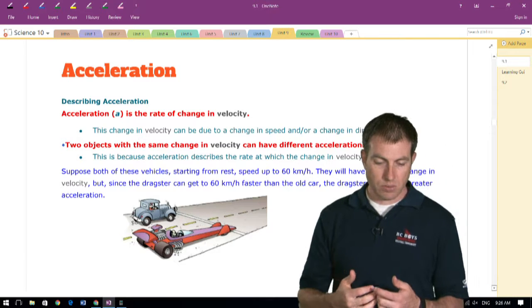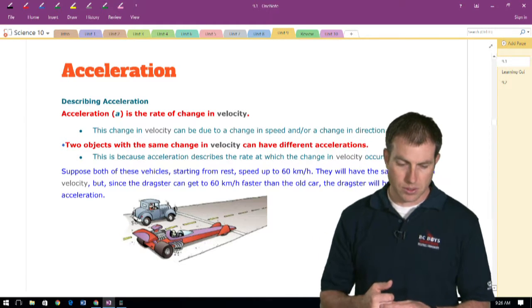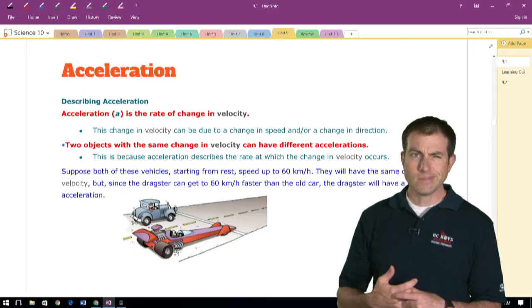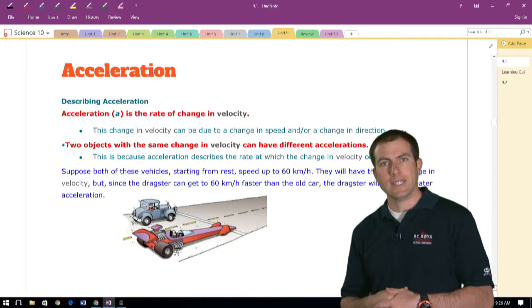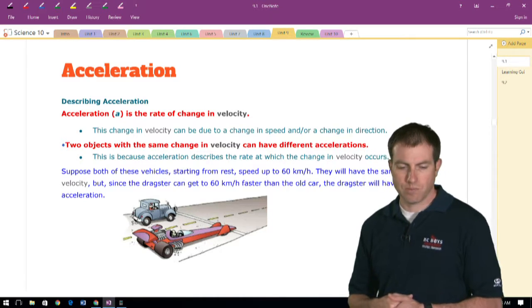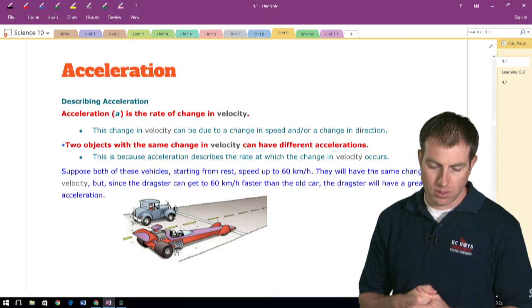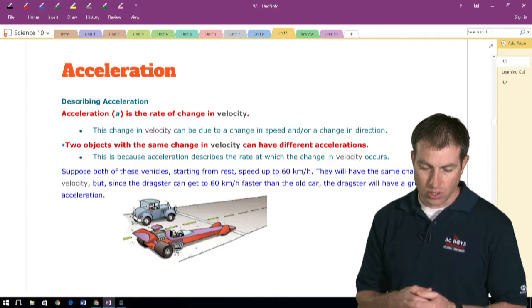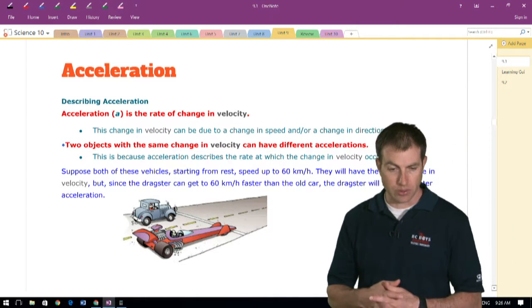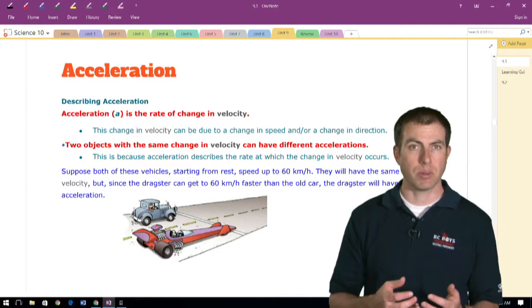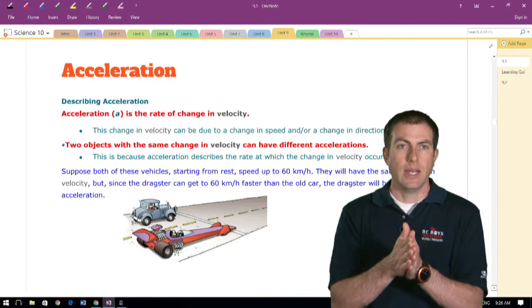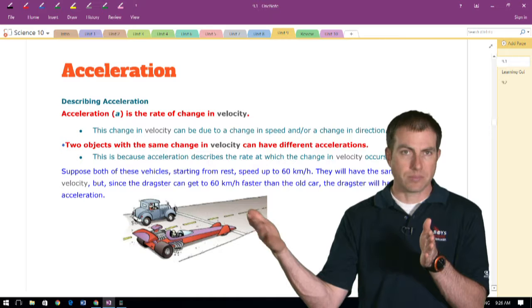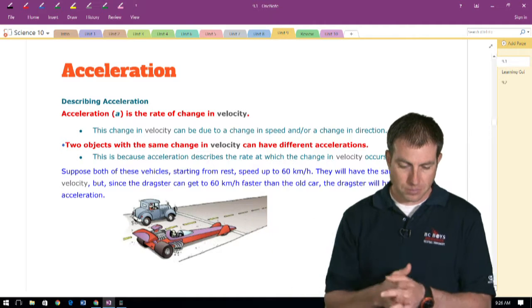Objects with the same change of velocity can have different accelerations, which is a weird idea. So let's imagine these two cars here, and the example is written out here. They're both going to go from 0 kilometers per hour, at a start line, to 60 kilometers per hour.